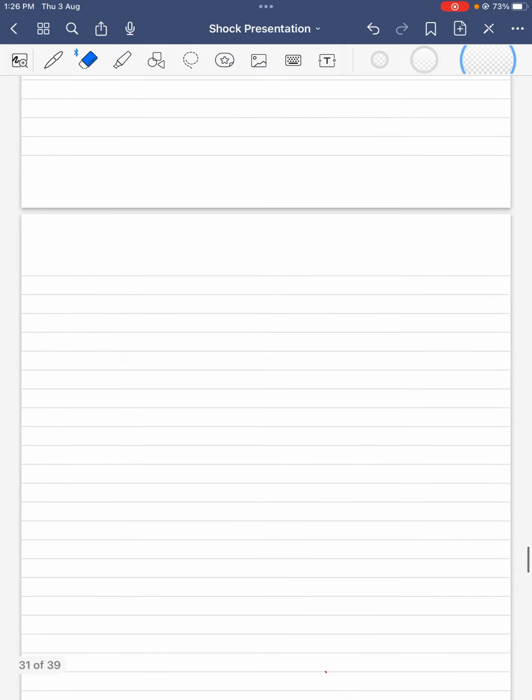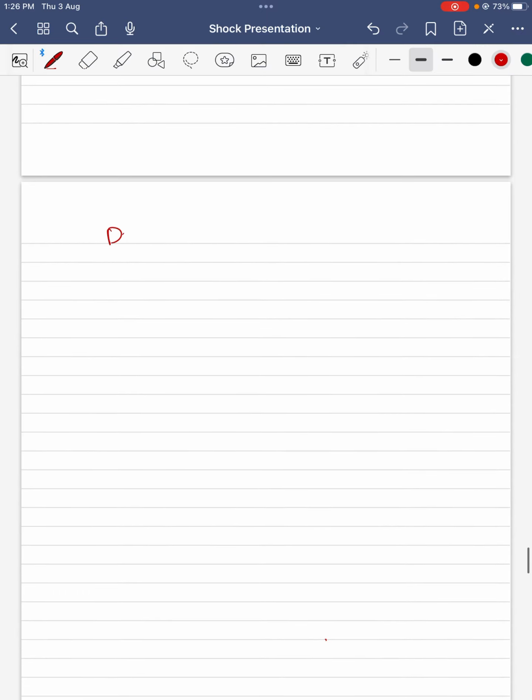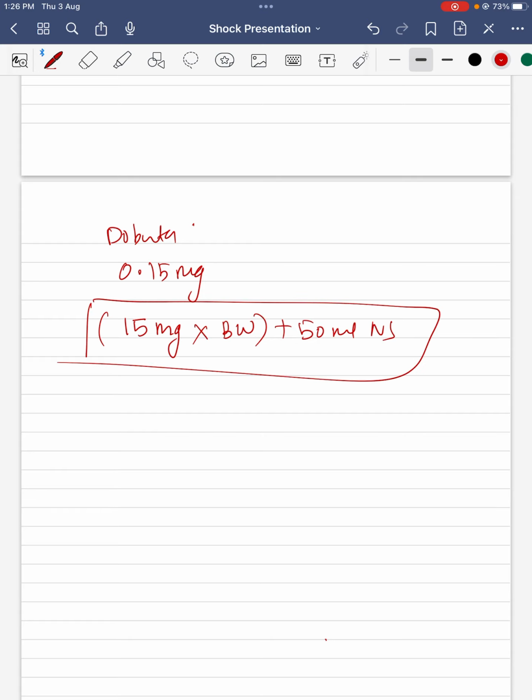Okay. But for Dobuta, instead of 0.15 mg, which is for adrenaline and noradrenaline, for Dobuta it is 15 mg into body weight plus 50 ml of NS. This is the difference.